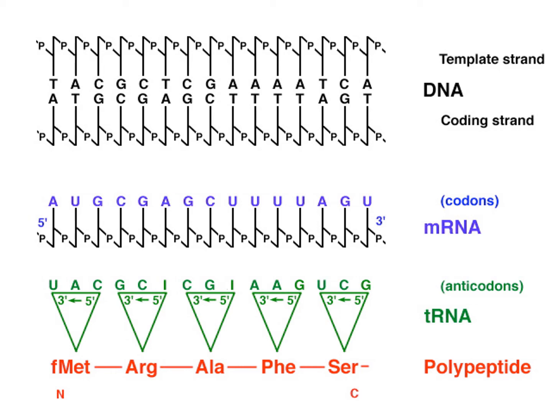So template strand, coding strand, our mRNA product, here's our AUG, our start, in which fMet is the first amino acid, followed by the reading of the remaining codons and that growing polypeptide.